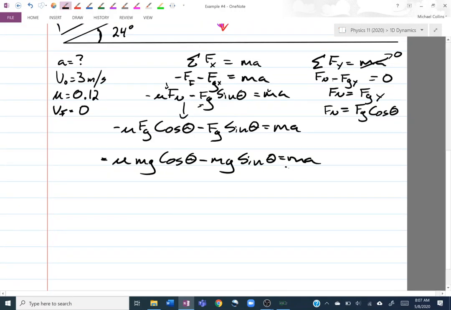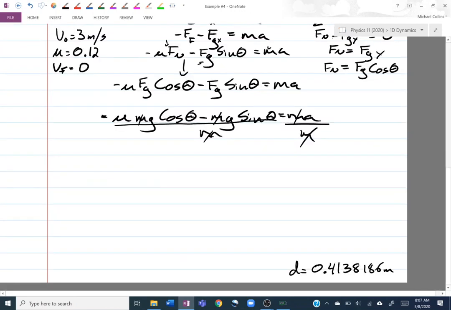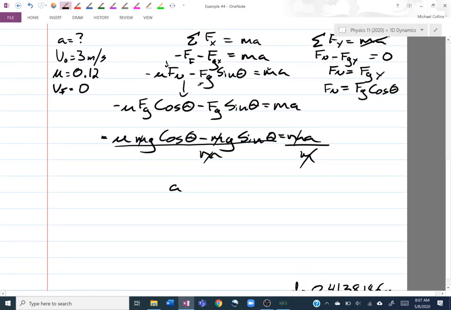And again, we'll notice that every single term has mass in it. Every single term. So my right hand mass cancels, and on my left hand side it does as well. And I come up with that my acceleration is equal to negative mu g cos theta minus g sine theta.